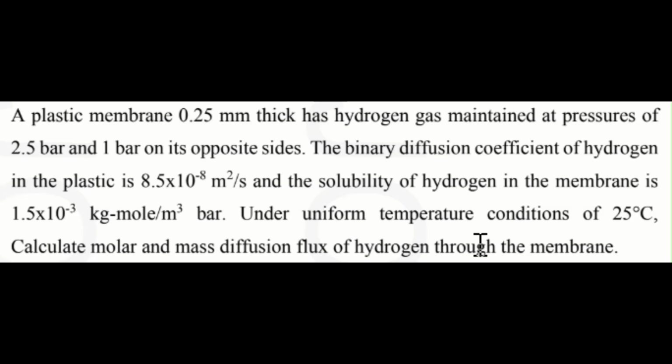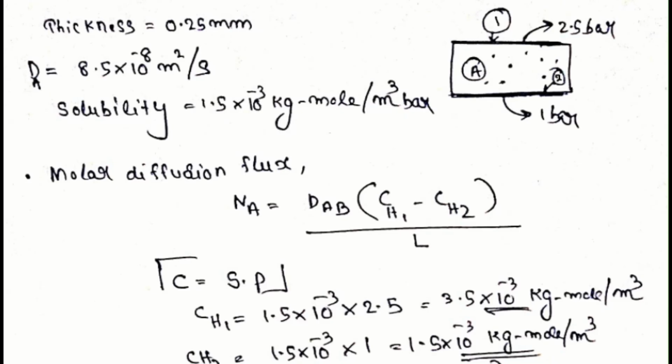What they asked is to find the molar and mass diffusion flux of hydrogen through the membrane. So first, writing the given conditions, we have thickness, diffusion coefficient, and solubility. These are all given in the question.